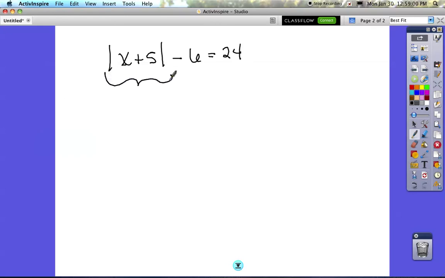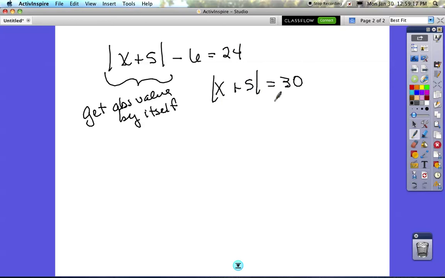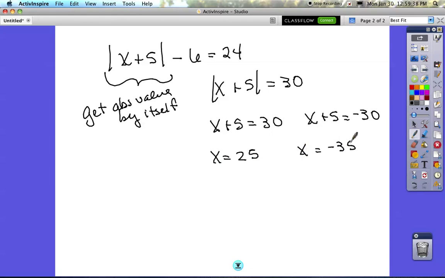You want to get the absolute value by itself. Okay, so in this case, we'll add 6, leaving these in the bracket. Now we have this, so we can take the equation out of the bracket. And so x would equal 25 here, and x would equal -35 here.